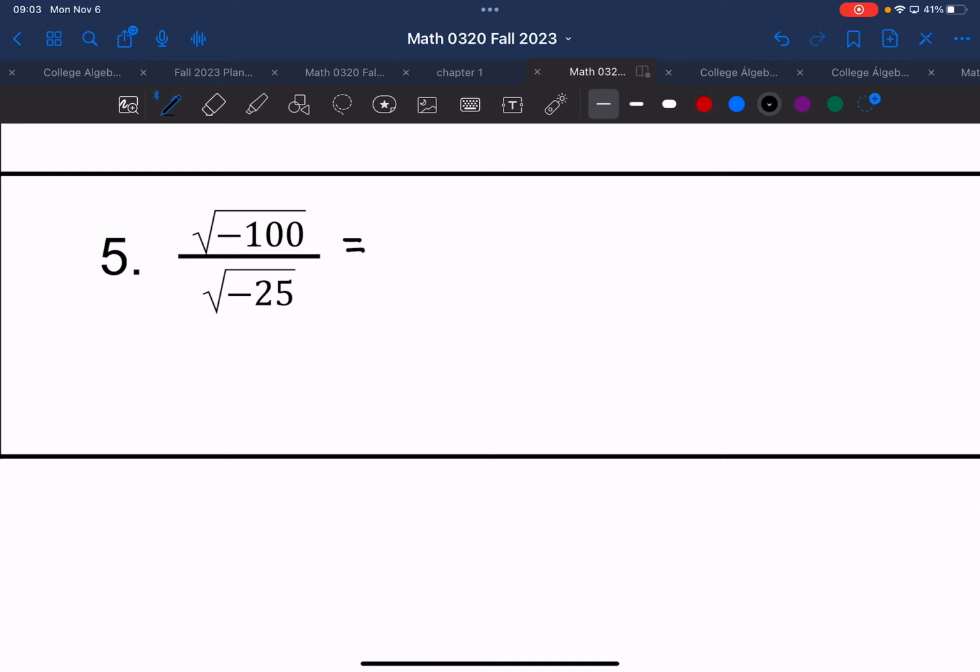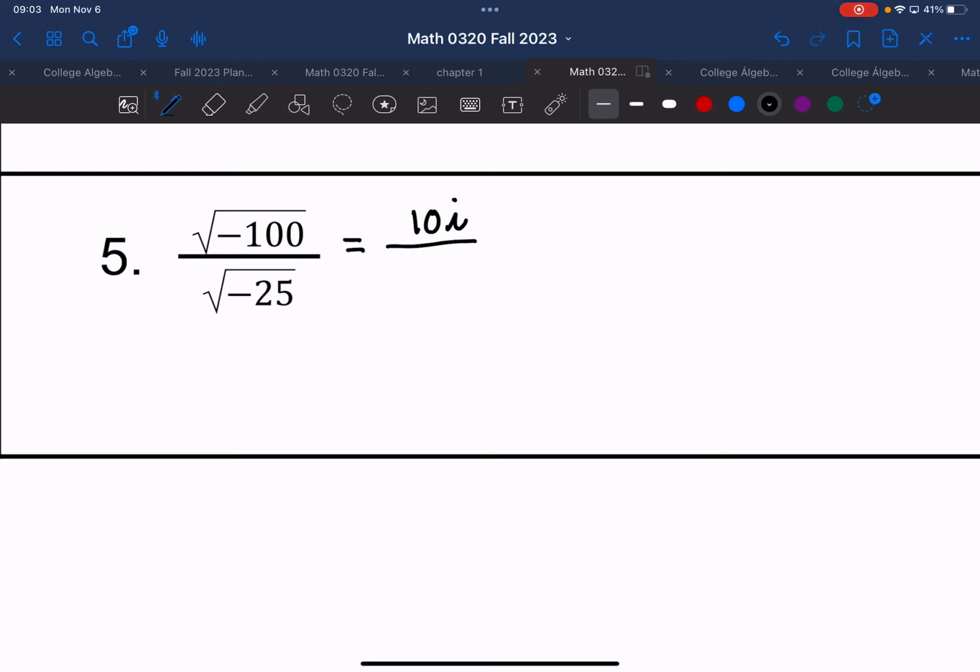Looking at number 5, we have the square root of a -100 and the square root of a -25. Are both of those square roots perfect squares? Yes, so what do we get on the numerator for an answer? 10i. Good, because the square root of 100 is 10.